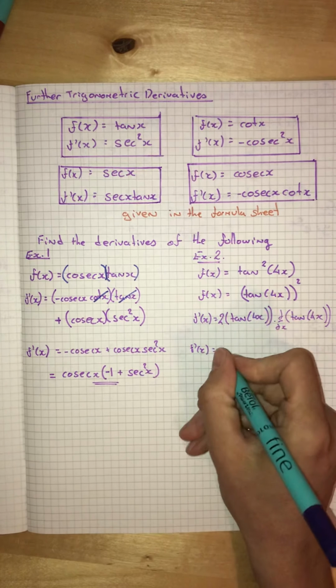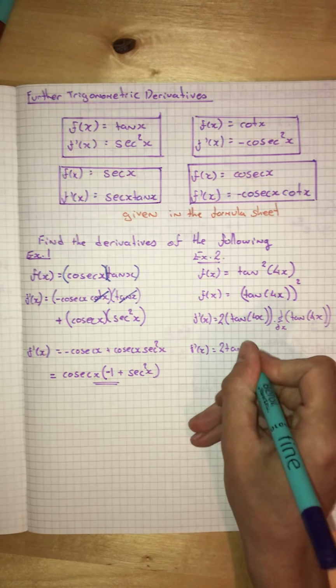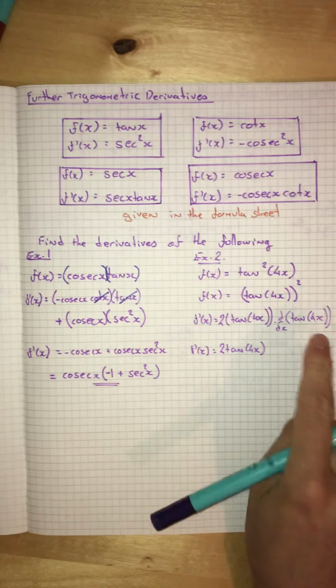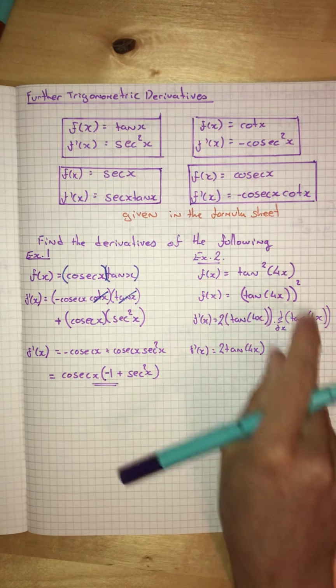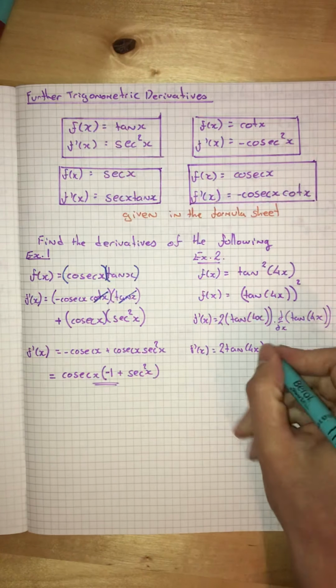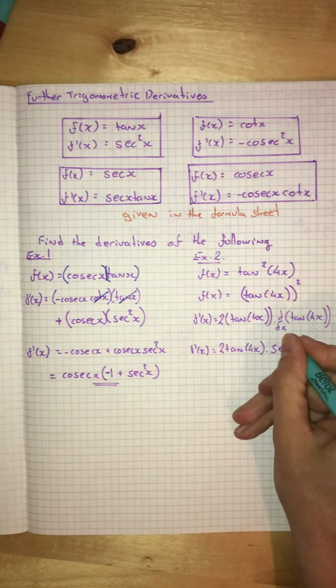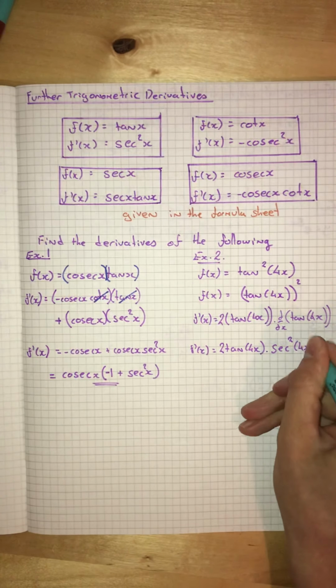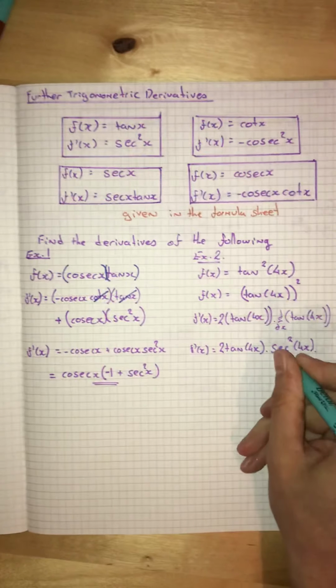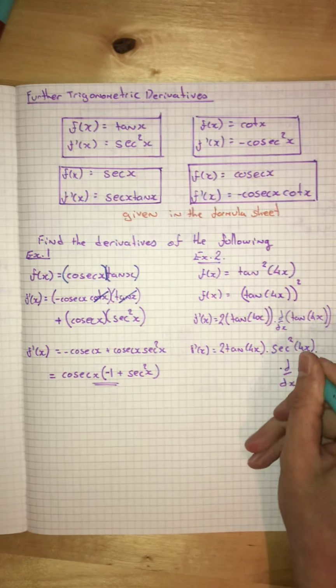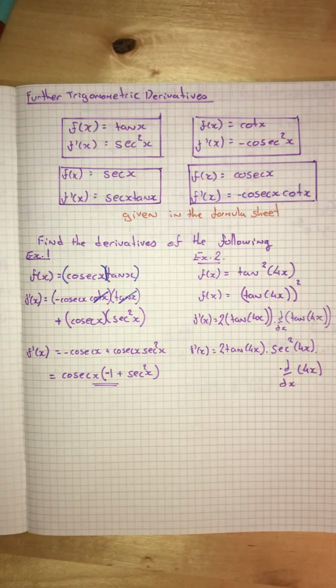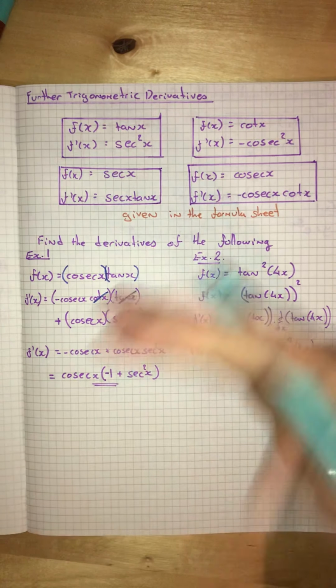So we leave that there. The derivative of tan x is sec squared x. So that's just going to be sec squared 4x times the derivative of what's inside the brackets, because it is just chain rule within chain rule.